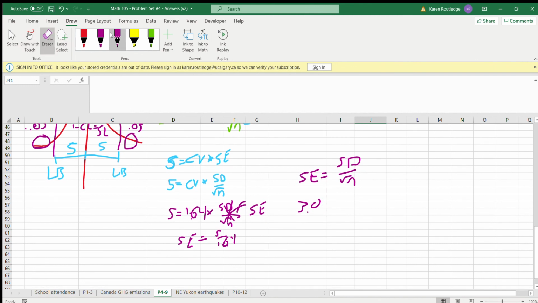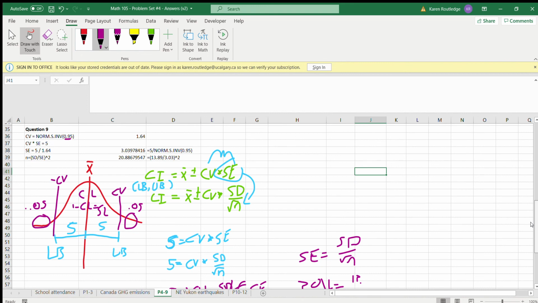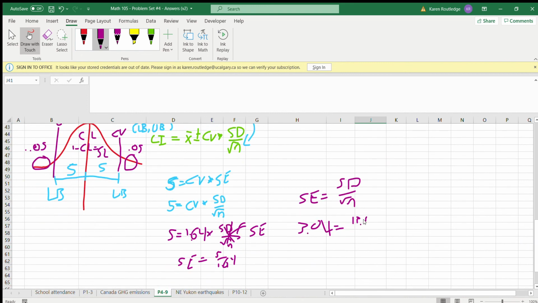That's why we do this in Excel and not by hand. So 3.04 is equal to the standard deviation. The standard deviation does come from our data. That is 13.89 that we calculated way back in one of the earlier problems, over the square root of n.